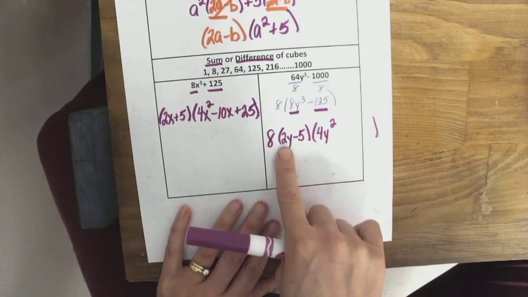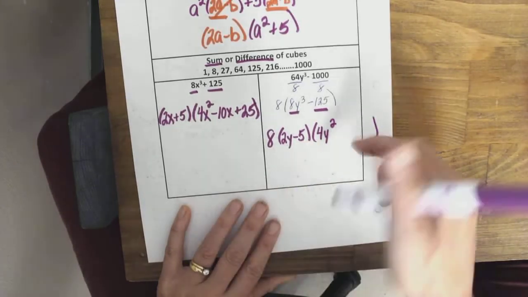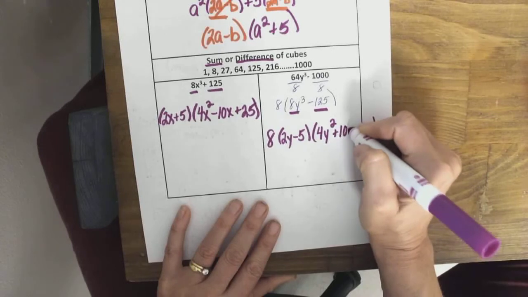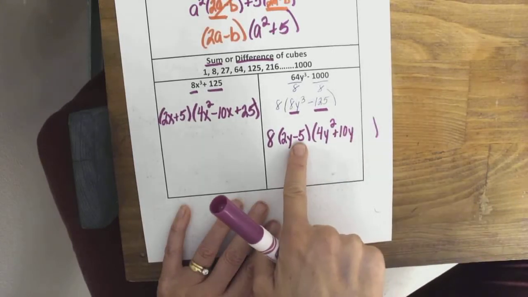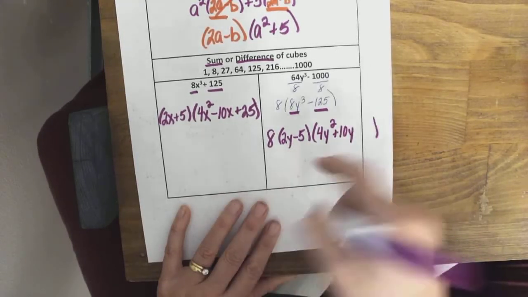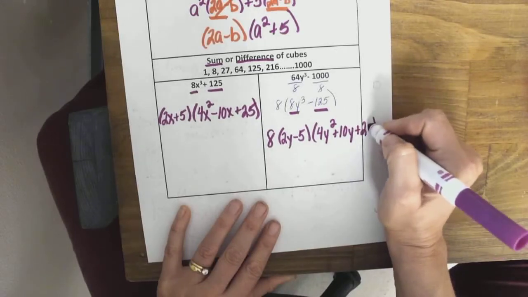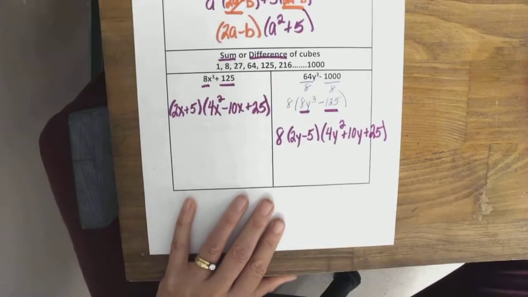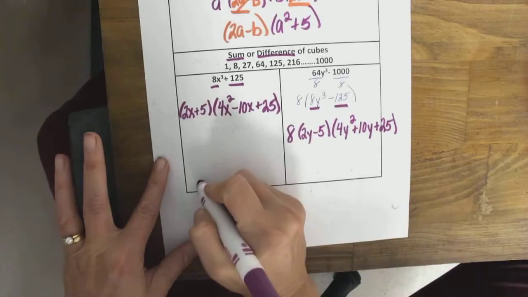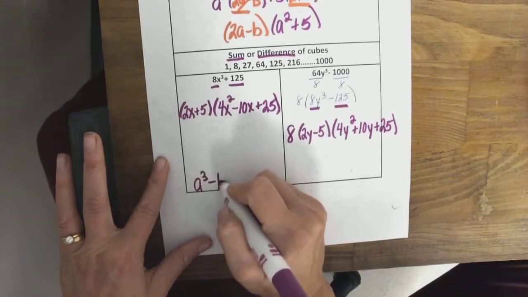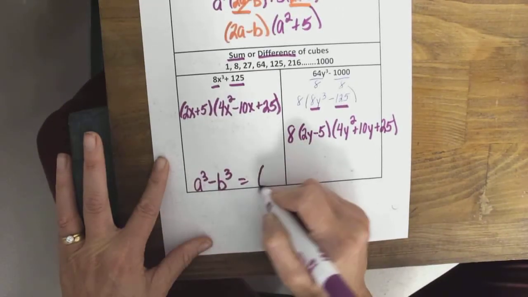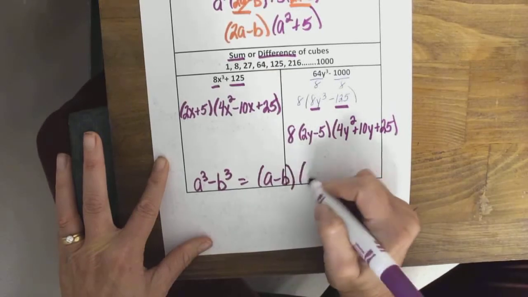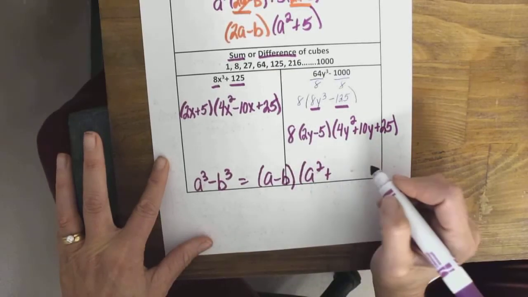2y squared is 4y squared. Multiply, change the sign. Negative 5 times 2 is negative 10y. Change the sign, make it positive 10y. Square negative 5. Whether you square a negative or a positive, your answer will always be positive on the end. You may have learned this last year.